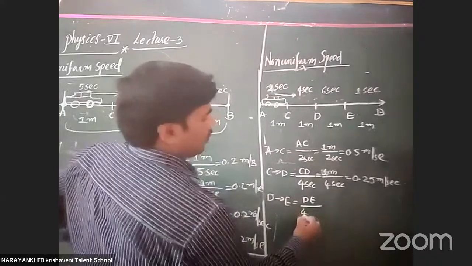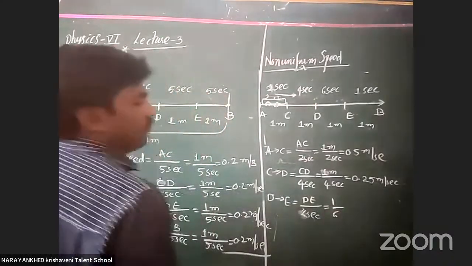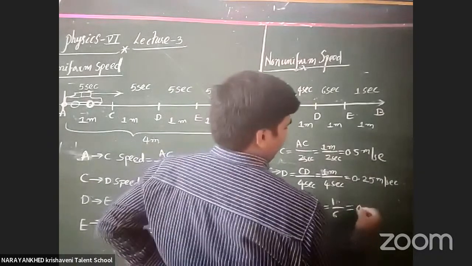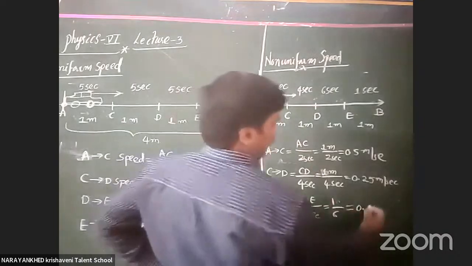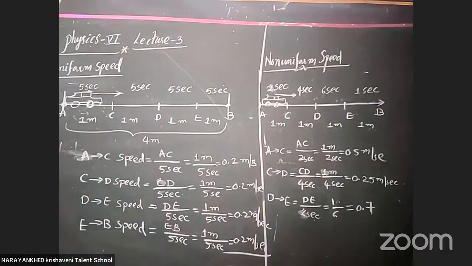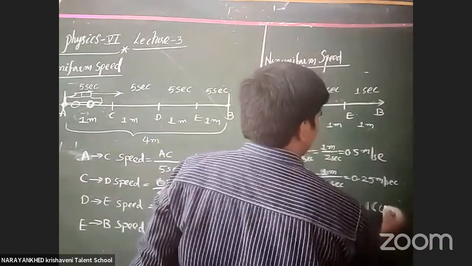The time there is 6 seconds. Okay, clear? 1 by 6 gives 0.166 meter per second.